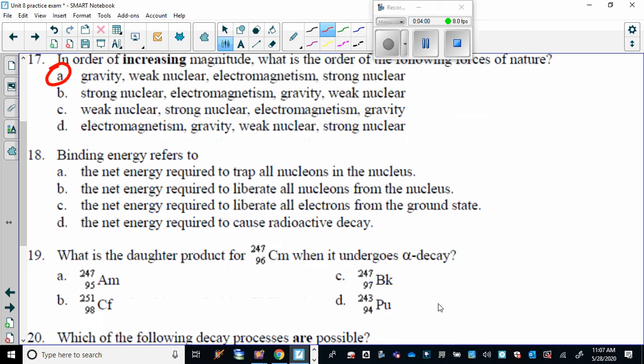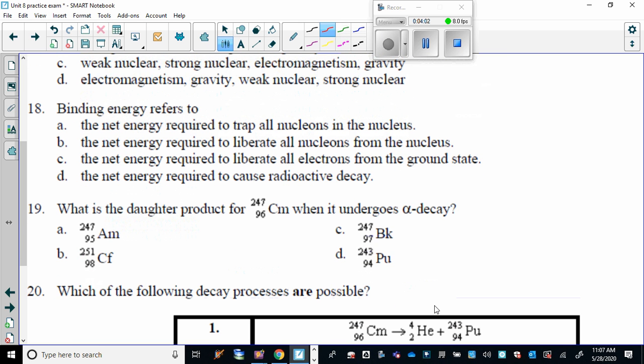18, another knowledge question. Binding energy refers to the energy required to trap all the nucleons in the nucleus, the energy required to liberate all the nucleons from the nucleus, the energy required to liberate them from the ground state, the energy required to cause radioactive decay. No. So it's got to be A or B. Is it the energy required to trap all the nucleons in the nucleus, or the energy required to liberate them?